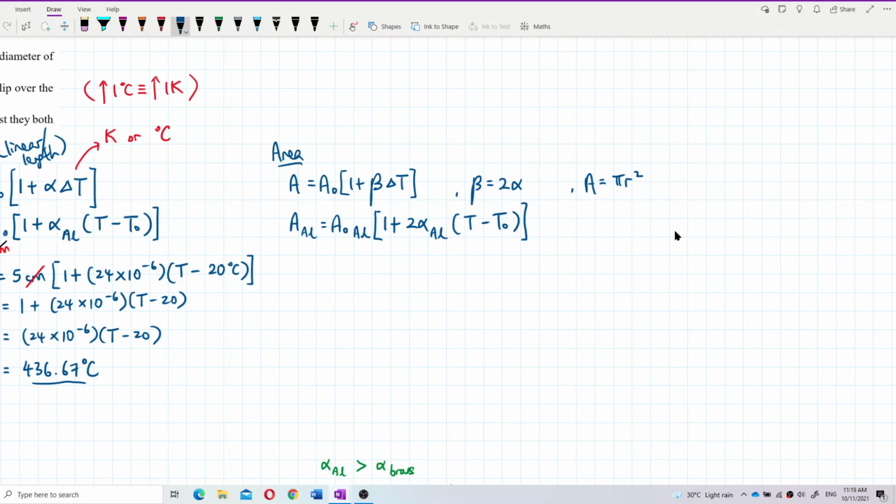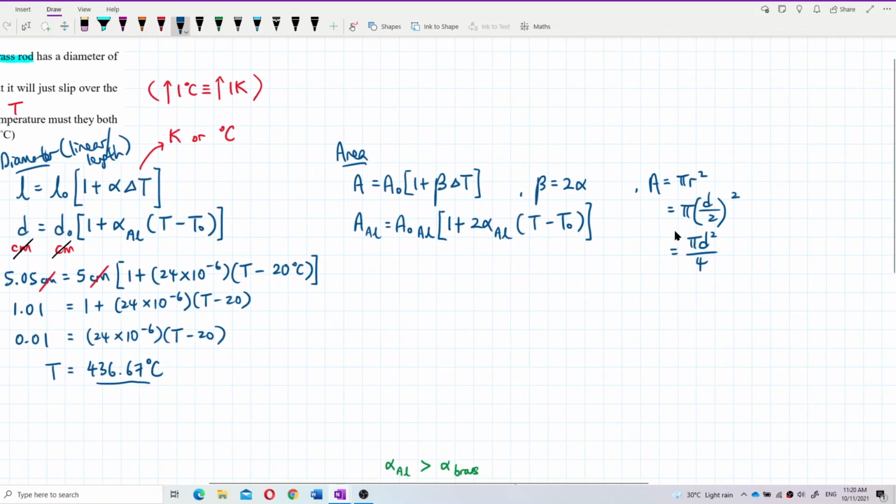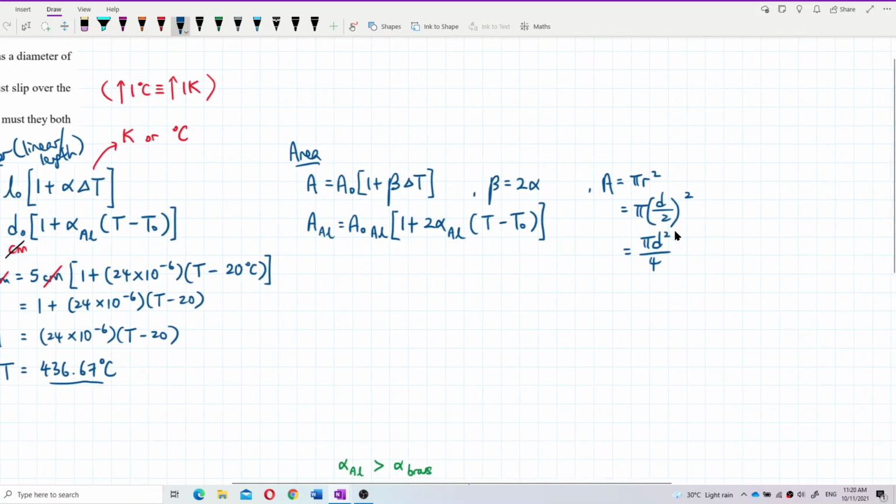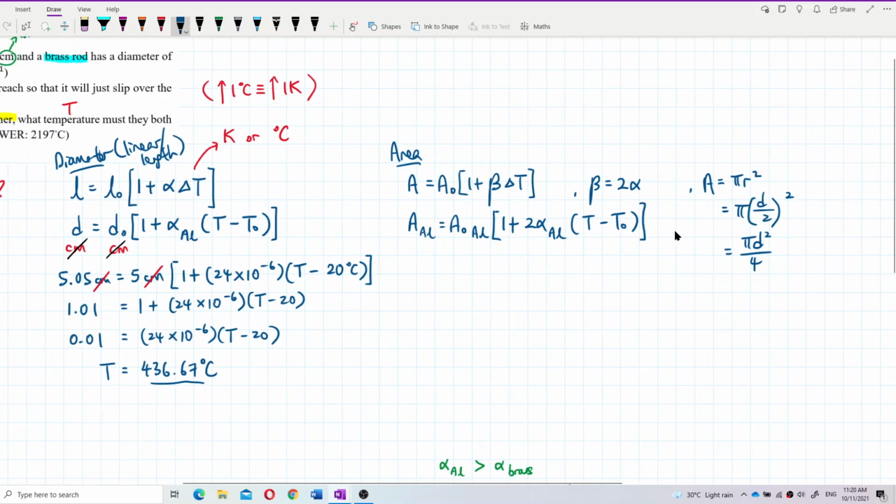If we use diameter, radius is actually diameter divided by 2, so it is actually pi d square over 4 after we expand. So for this one we use pi d square over 4.